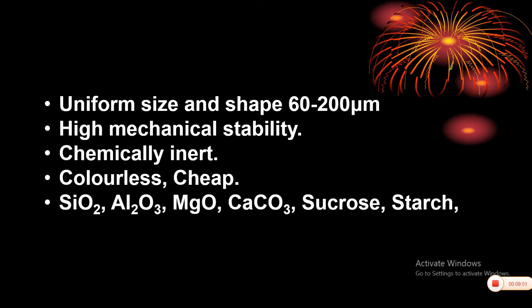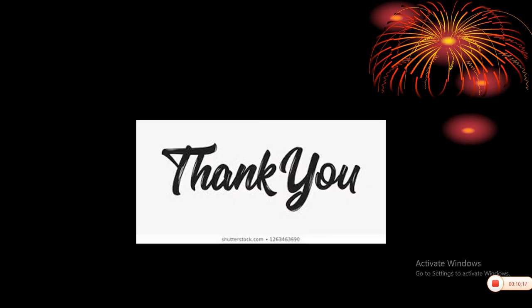The commonly used adsorbent materials are silica, SiO2, alumina, magnesium oxide, calcium carbonate, sucrose, starch, etc. Actually, ready reckoners are available in laboratories for the particular combinations of mixtures to be analyzed, and by trial and error also you can decide the adsorbent and the solvent system.